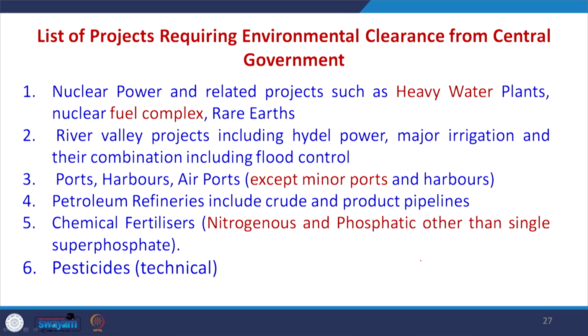Now, there are certain projects which have been made mandatory for environmental clearance, and these include nuclear power plants and related projects like heavy water plants, nuclear fuel complexes, rare earths, similarly river valley projects, ports, harbors and airports except very minor ports.